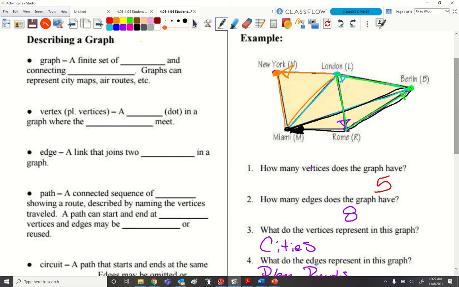Trace it out. Trace it out. Thinking on it? Trace it out.